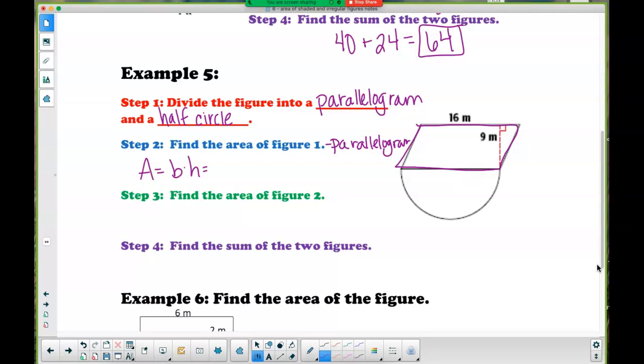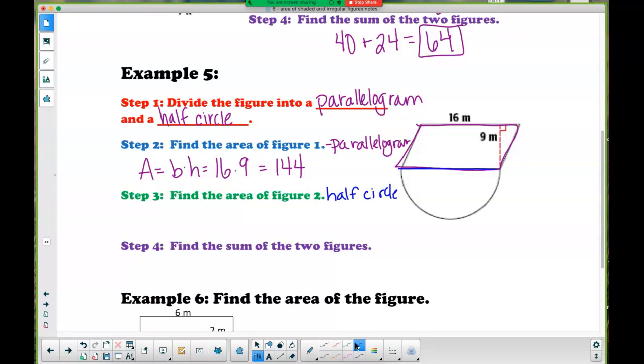Okay. What's the base and the height of the parallelogram, Tyler? 16 times 9 is 144. Okay, then the next one is the half circle.